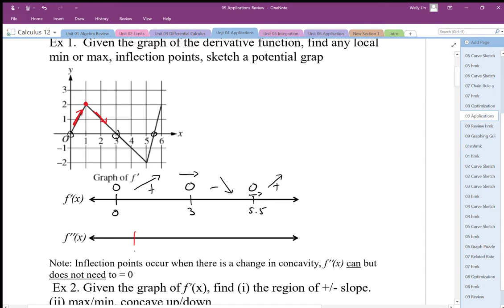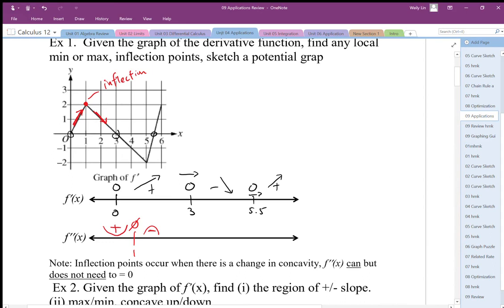So at x equals 1, on this side, we know the slope is positive, which means the concavity is positive. That is a non-differentiable point, but on this side, we end up with a negative slope or negative concavity. So that represents an inflection point. On the first derivative, when we go from positive to negative, or vice versa, we end up with an inflection.